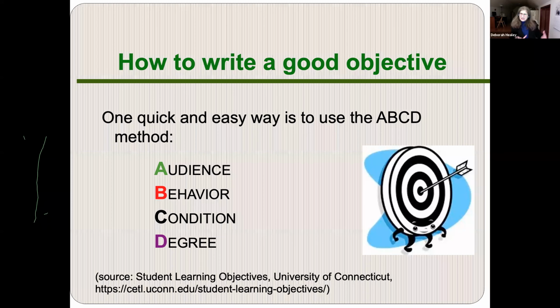The condition is what you did to prepare them for this. Like after reading the novel, the students will describe the setting. The degree is how well. They will describe the setting in at least 3 sentences. That's the degree. That's how well you're getting it done.